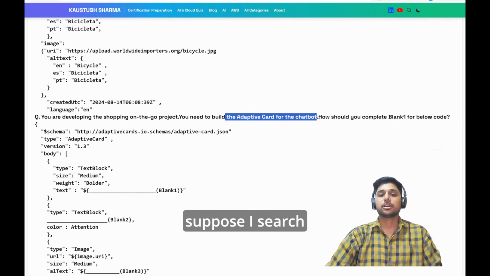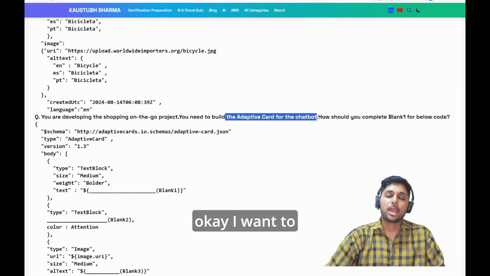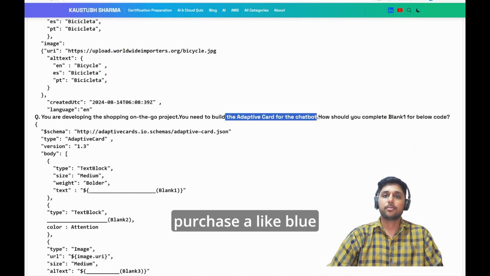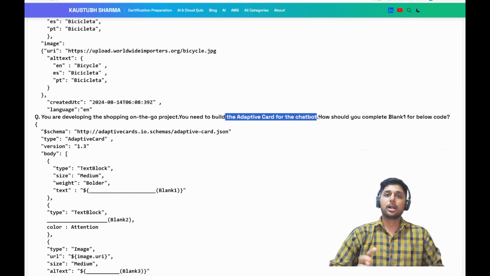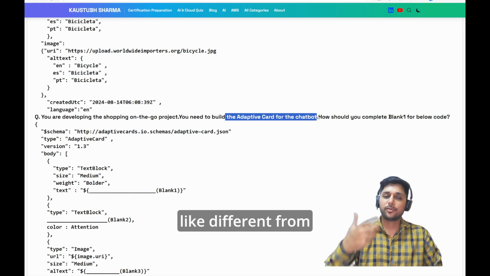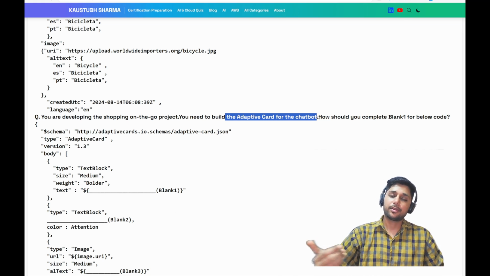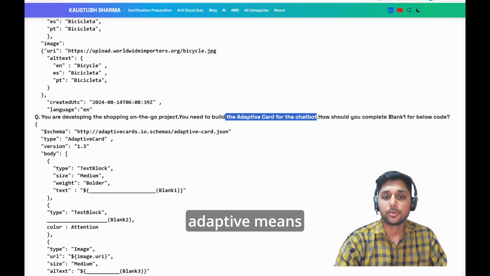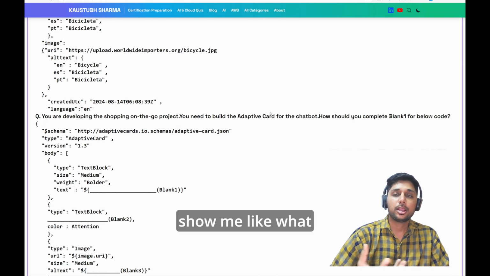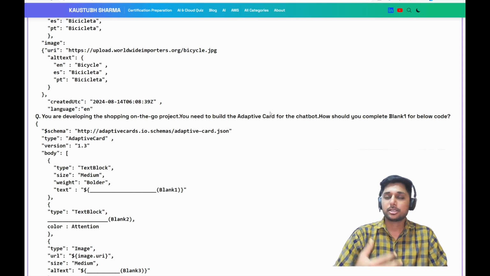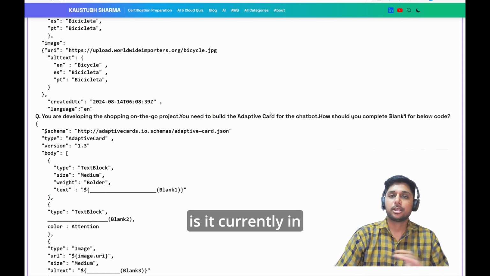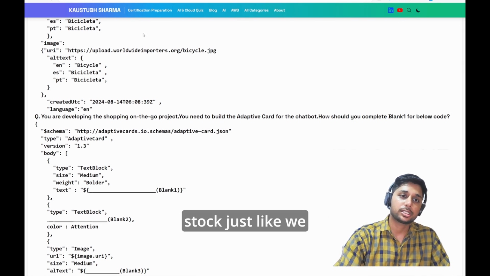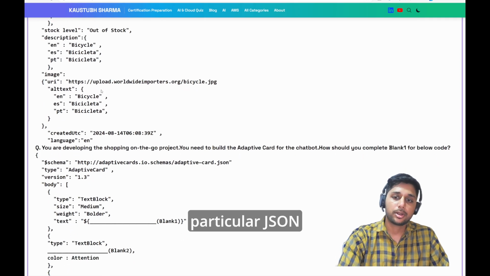Suppose I search on the chatbot, I want to purchase a blue shirt. It should show me some cards, saying this shirt is available from different vendors, different shirts. It should show, and it should be adaptive, meaning it should show me the product name, the description, and whether it is currently in stock or out of stock, just like we have seen in the particular JSON.